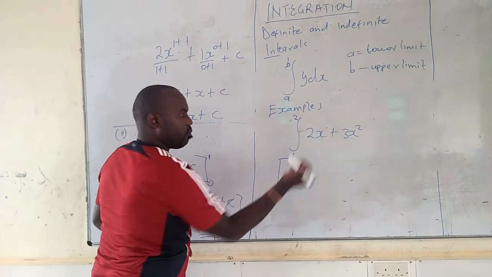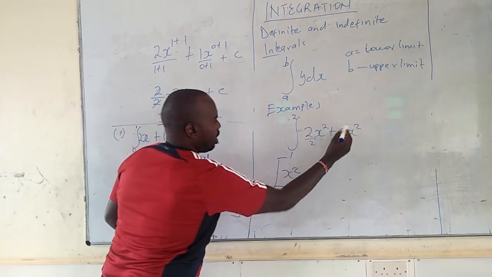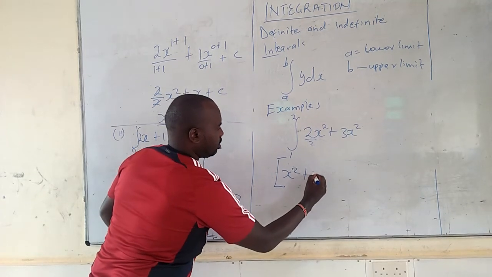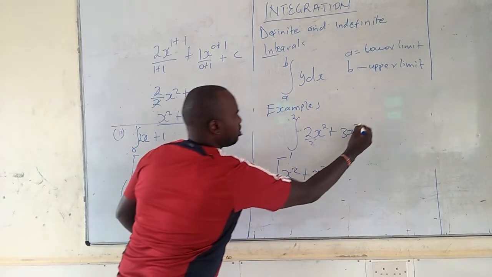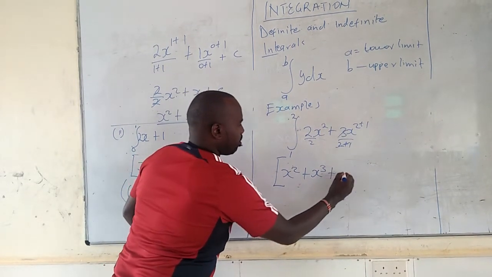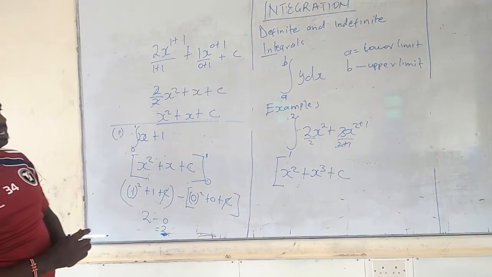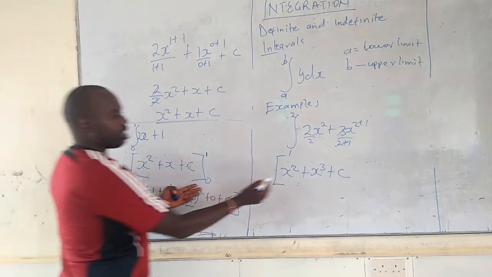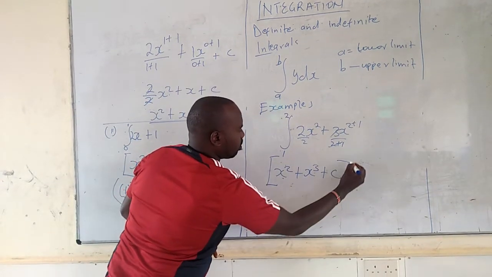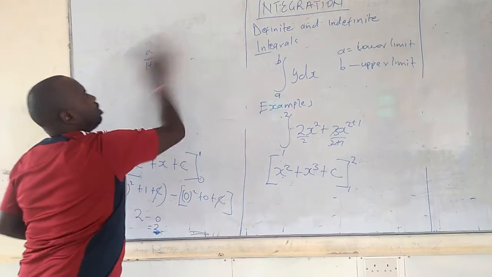I hope you know how to integrate. 2x gives 2 over 2, so x squared, plus 3x squared gives x cubed, because you add 1 and divide by the new power, plus c. But we have seen that the c will disappear. It is not important that the c is written, but you can write it, and then you bring the limits to this side, 1 to 2.